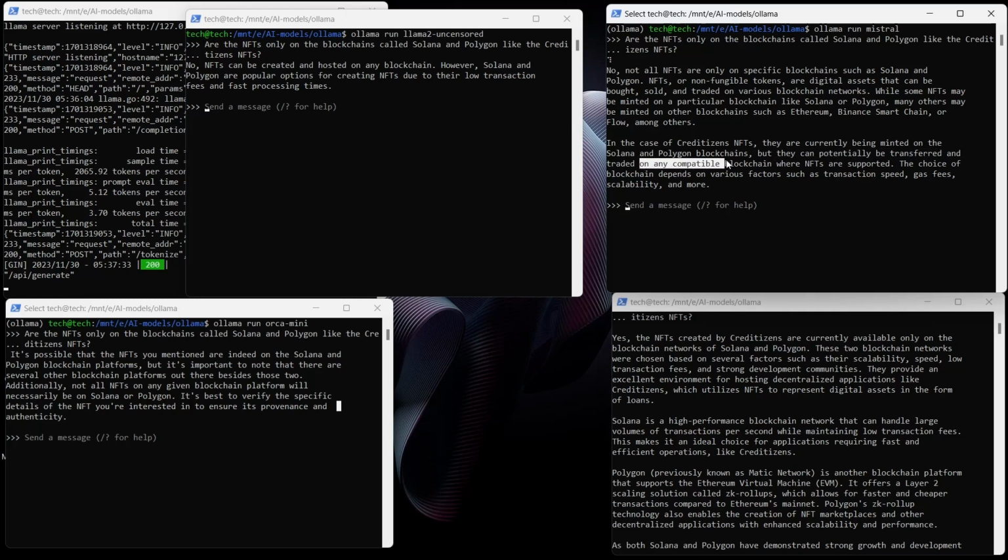Here's the potentially on any compatible blockchain. And it has listed also some other blockchains. So giving different possibilities, while the Llama 2 uncensored, it's just to say no. However, Polygon popular options due to the low transaction fees and fast times.